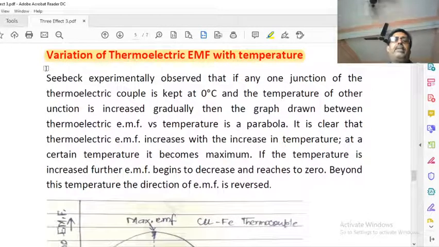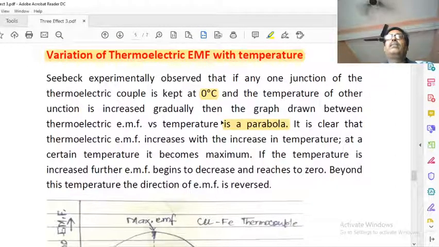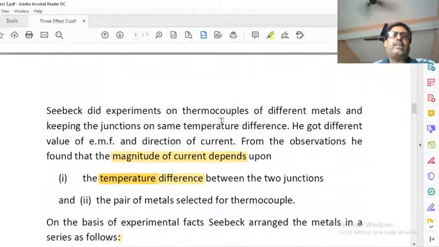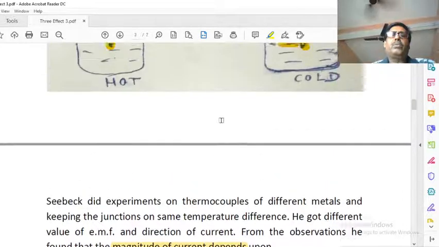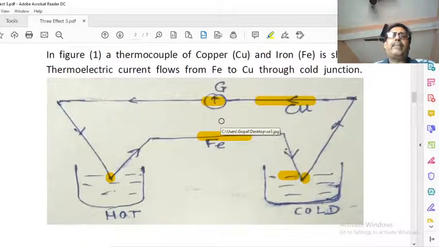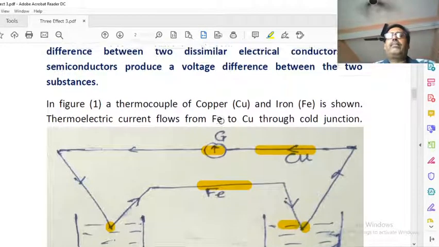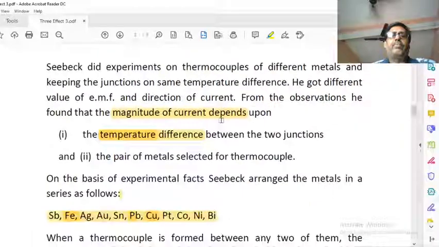Experimentally it is observed that if any one junction of the thermoelectric couple is kept at 0 degrees C and the temperature of the other junction is increased gradually, then the graph drawn between thermoelectric EMF versus temperature is a parabola. Many times I told you that the temperature difference is responsible for changing the magnitude of current.